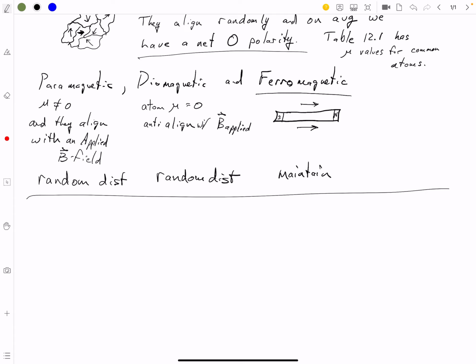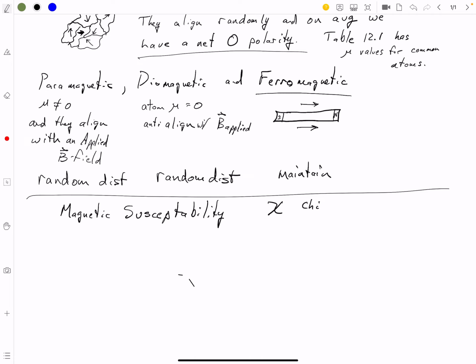All right, so there's this thing called magnetic susceptibility, and we give that a chi. CHI is the term for that.